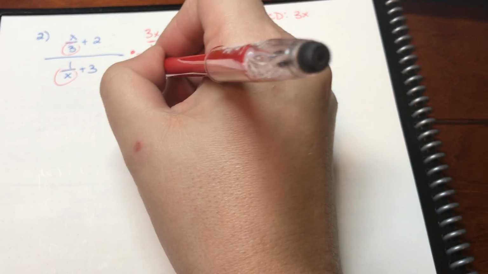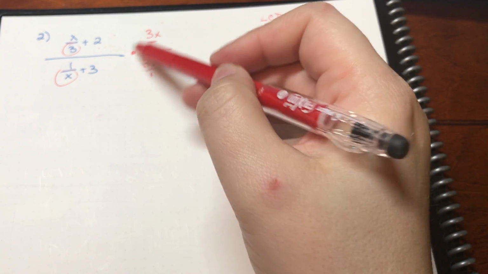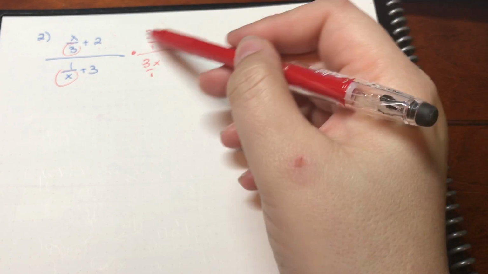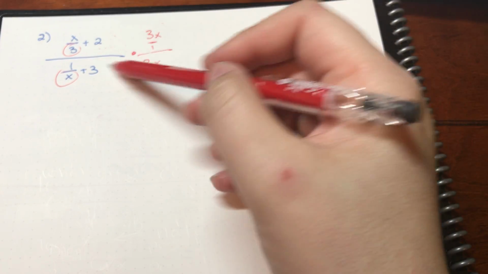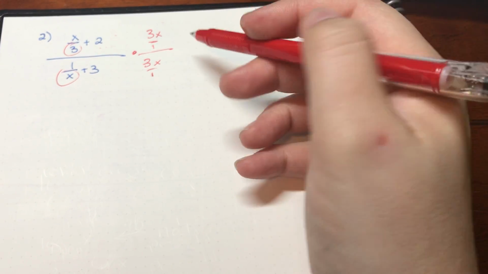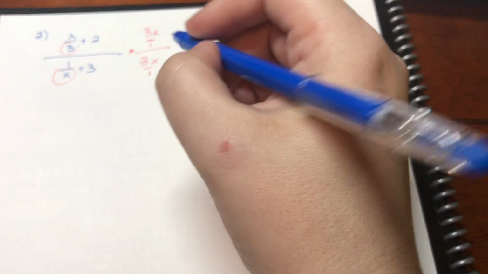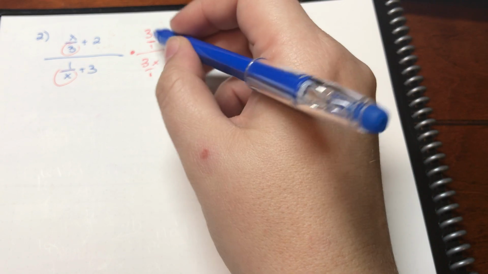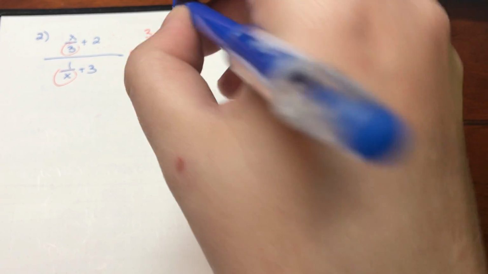And I like to put a little 1 there as a placeholder so that I can make sure that I'm not messing it up. Remember, it's really important this all divides to make 1. So I'm not changing the value, I'm only changing the appearance. It's really crucial that you make sure that this actually equals 1.